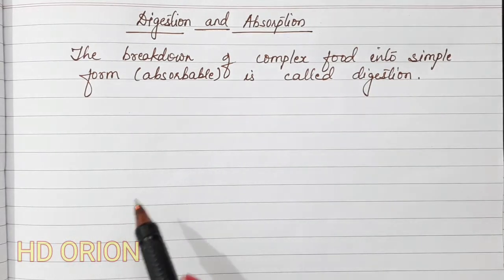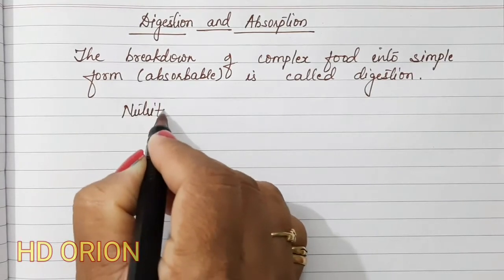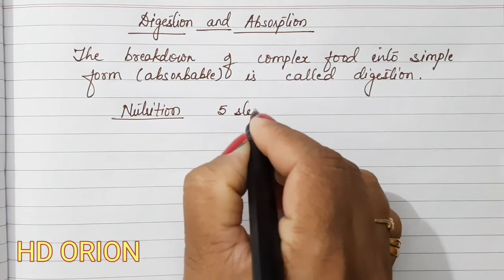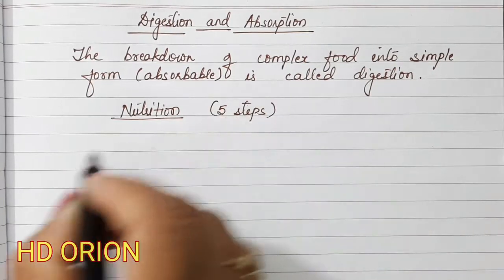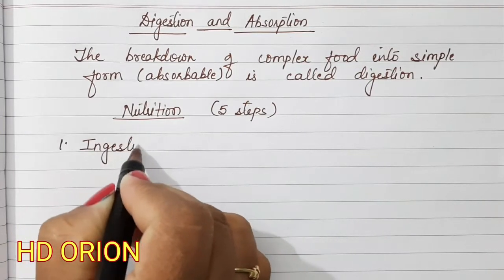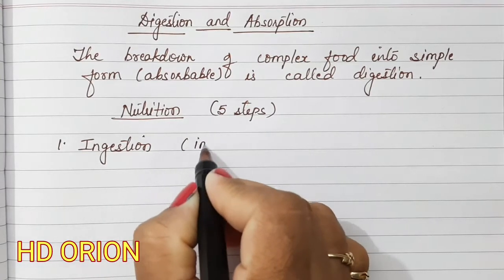Now, actually the food that we consume is the process of nutrition. And nutrition is divided into 5 steps. The first step is ingestion. What is ingestion? It is the process of intake of food.